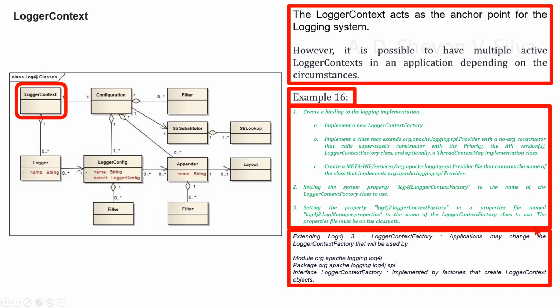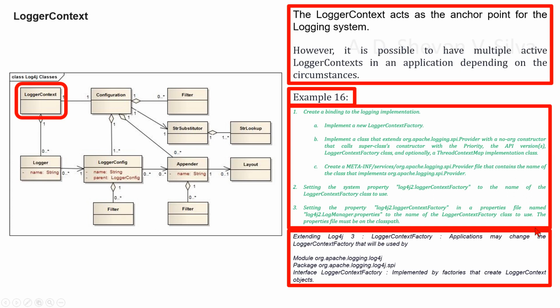The Log4j LogManager locates the LoggerContext factory by using java.util.ServiceLoader to locate all instances of org.apache.logging.log4j.spi.Provider. Each implementation must provide a class that extends Provider and should have a no-arg constructor that delegates to the Provider constructor, passing the priority, the API versions it is compatible with, and the class that implements org.apache.logging.log4j.spi.LoggerContextFactory.